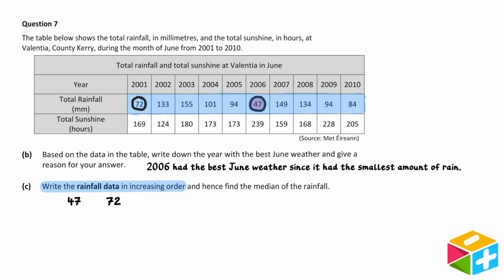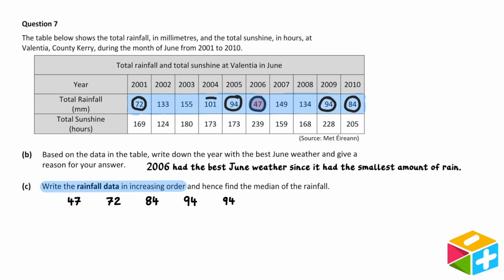It's worth pointing out that I'm circling my values as I go along here, since this makes it easier to keep track of the numbers we've already used. Looking at our remaining data, the next smallest value is 84. The next smallest value is 94, and this appears twice, so we'll want to include this twice on our list.